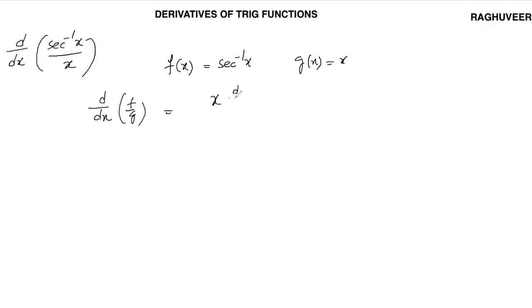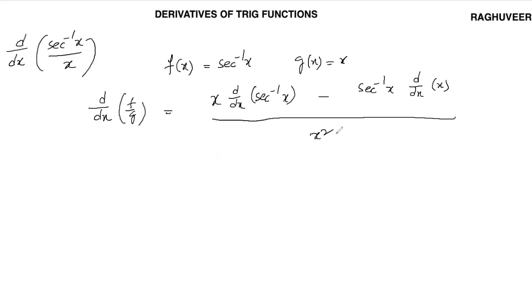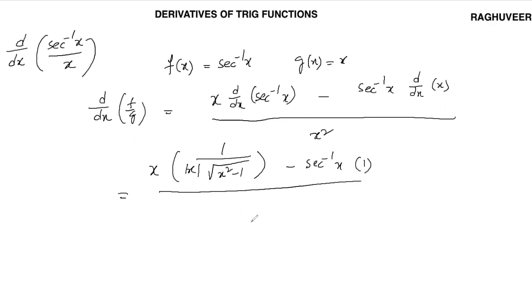So x times d by dx of secant inverse x, minus secant inverse x times d by dx of x. Keep it in brackets so that you won't lose it. So now this is equal to x into 1 by mod x and square root of x square minus 1, and this is secant inverse x and 1 divided by x square.